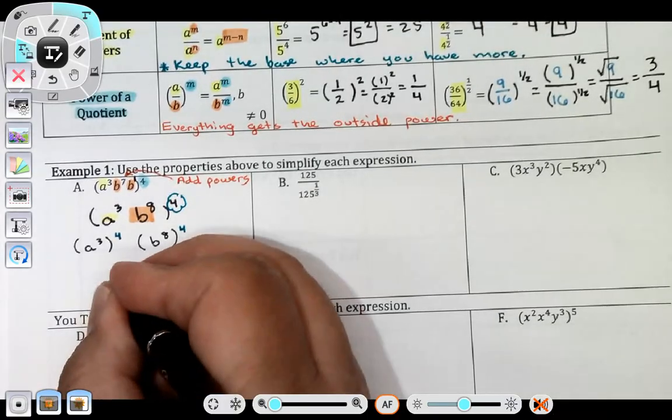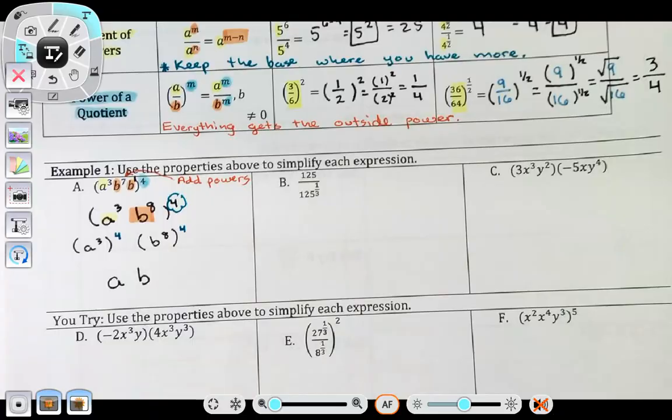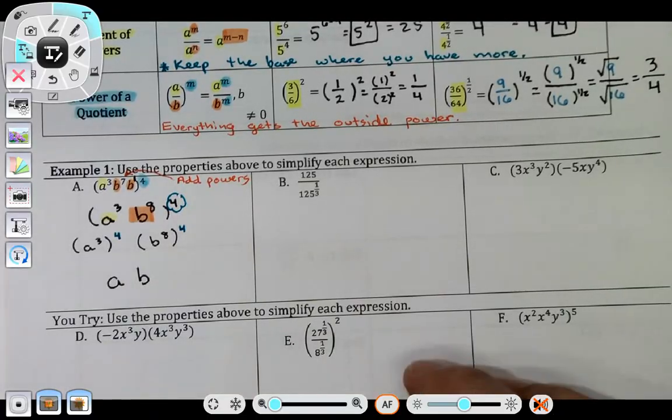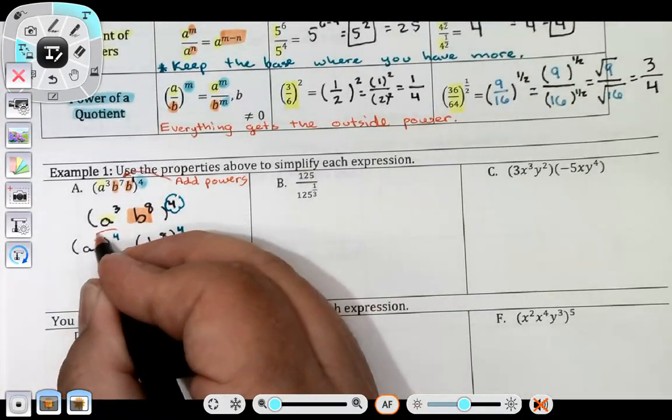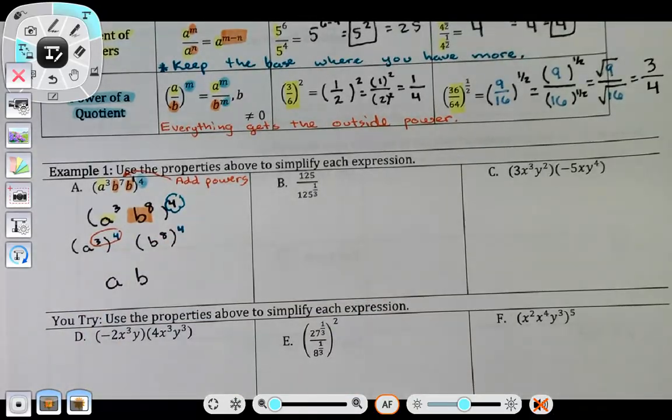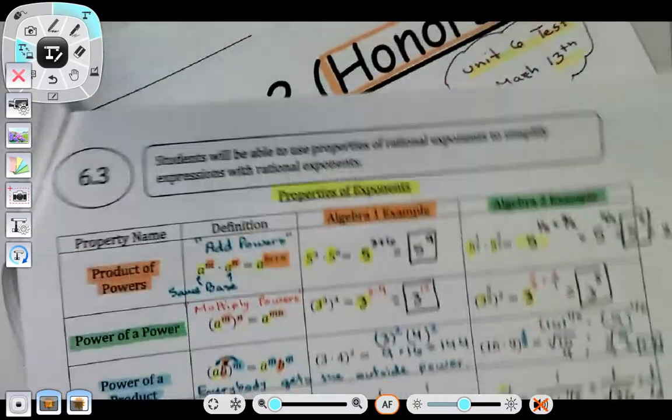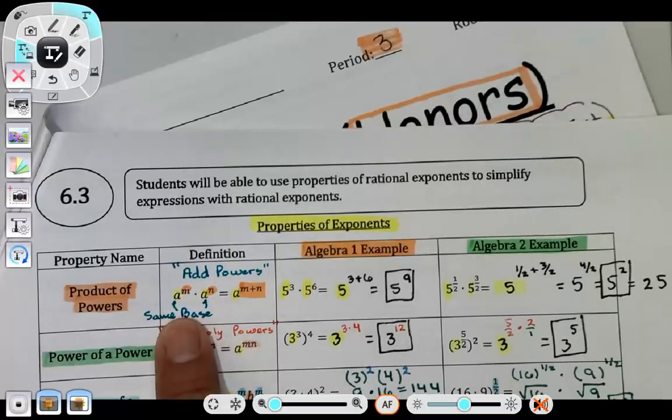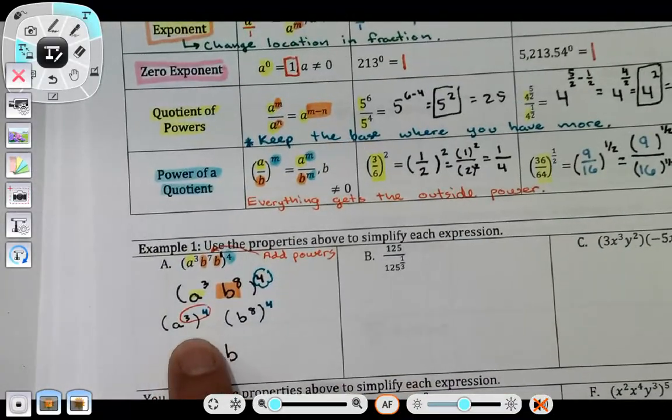So here's my A, there's my B. They should be right next to each other. We don't need them separated. But now it's all about the power. So Christian, what am I supposed to do with these powers right here? Add. All right, if you look at the note up here, this is what adding power should look like. I have 2 bases, A and A. I don't have an A and an A. Multiply.